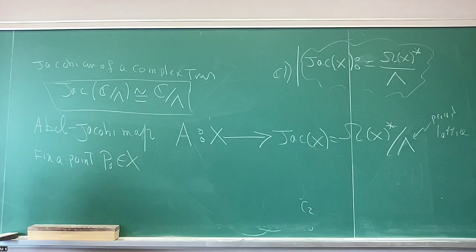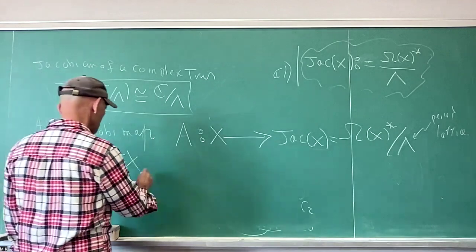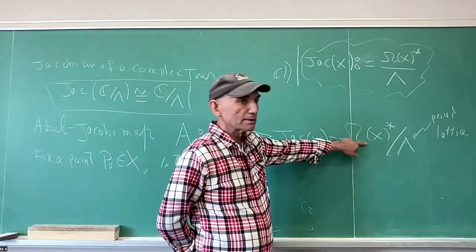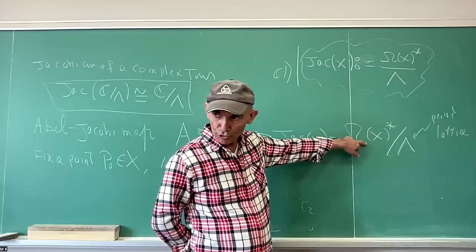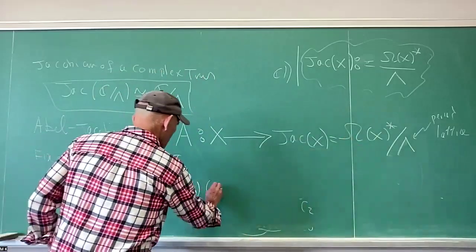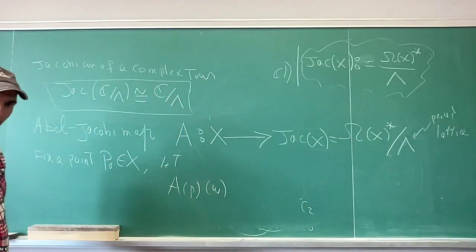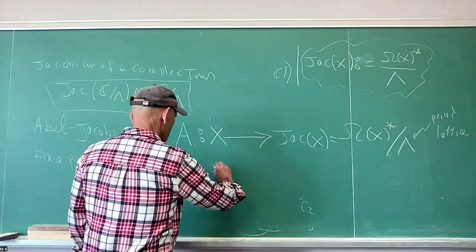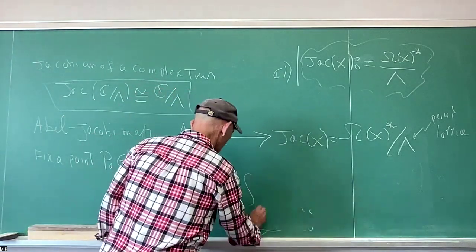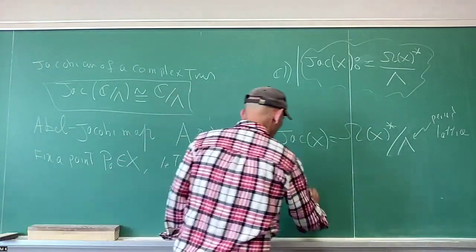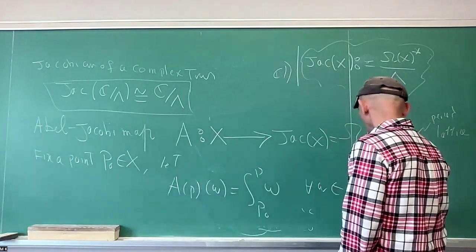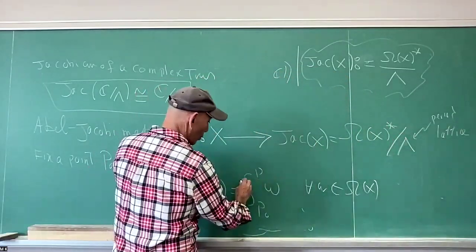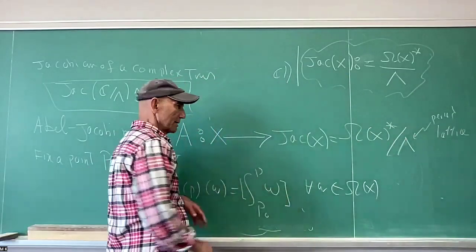We have to fix a point P0, and we define A of P. I want to define something that is an element in the dual modulo lambda, so I just have to define its value on omega, where omega belongs to omega of X. I define it to be the integral from P0 to P of omega, for all omega belonging to omega of X. Now I consider this as an element in the quotient, so I just take its class in the quotient.